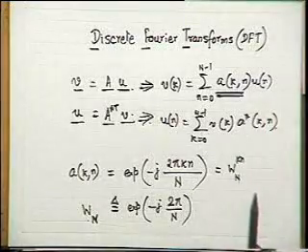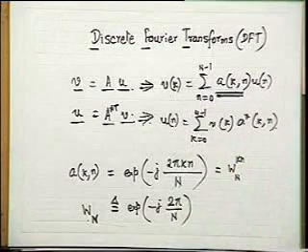If u were a continuous signal, then even v, the transform, would be a continuous signal. But in this case we are taking a discrete signal u, and the transformation also results in a discrete sequence vk.